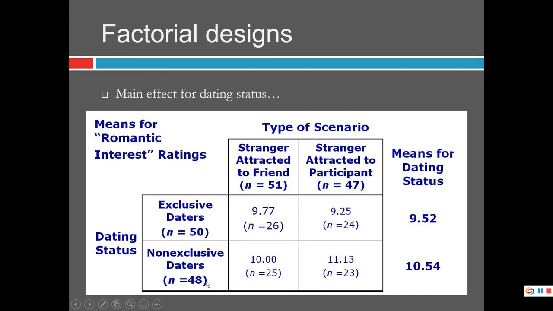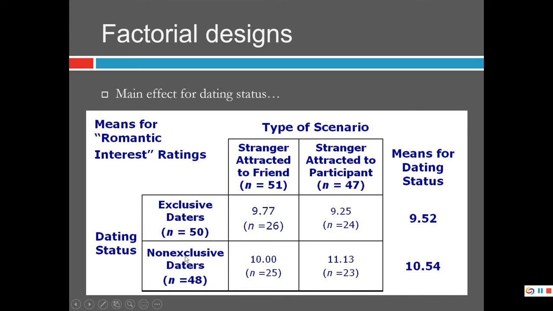So if you wanted to look at the main effect for dating status, you basically just ignore any differentiation from the type of scenario. You would take the average of these two things, adding all these up so it's all 50 people, not just taking the average of these two, but taking the average of all 50 people together of these exclusive daters. You would get a romantic interest rating of 9.52.